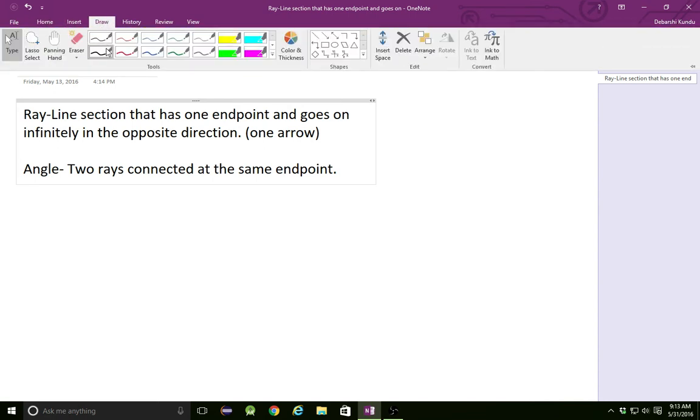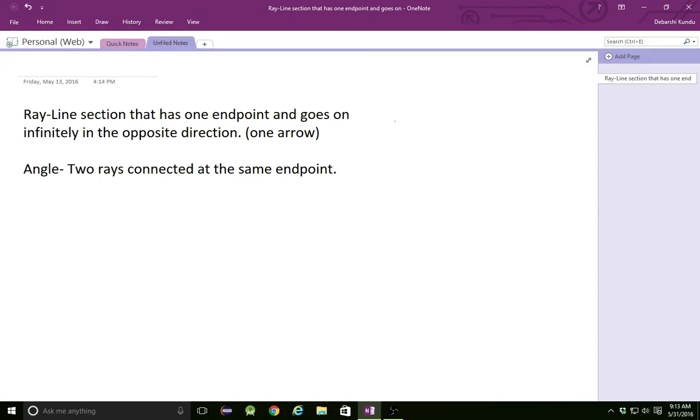Okay, so let's draw. You can think of a ray as something like this. Okay, that looks terrible, but whatever. So let's say this is an endpoint right here.